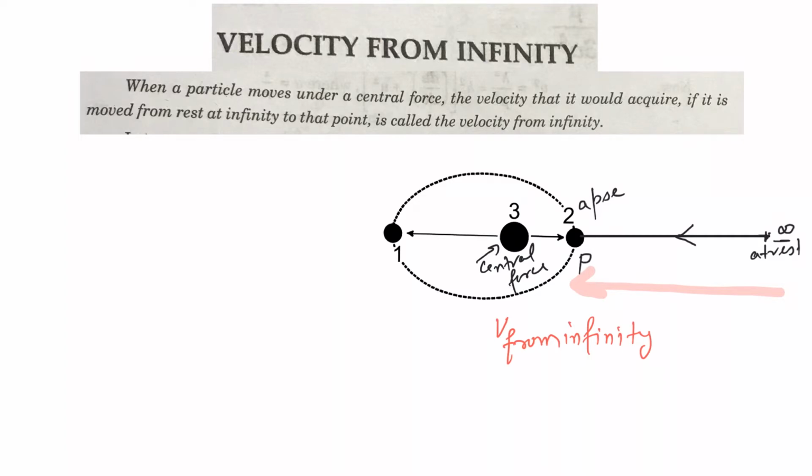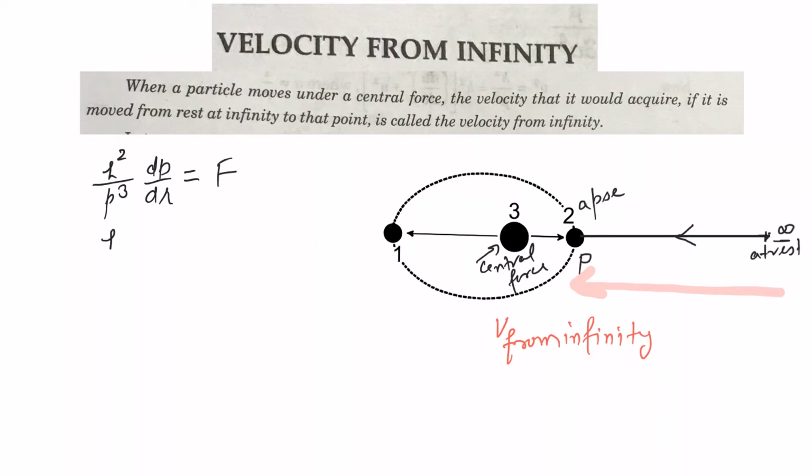Now we shall derive the equation of the velocity from infinity. From the pedal equation of the central orbit, we know that h squared by p cubed dp by dr is equal to f.